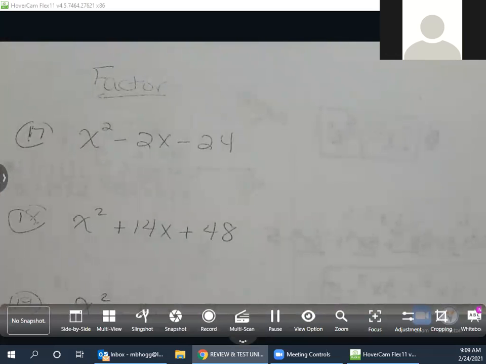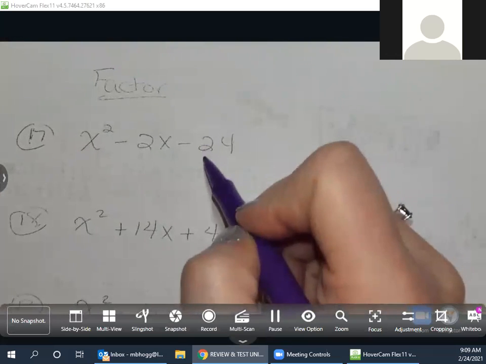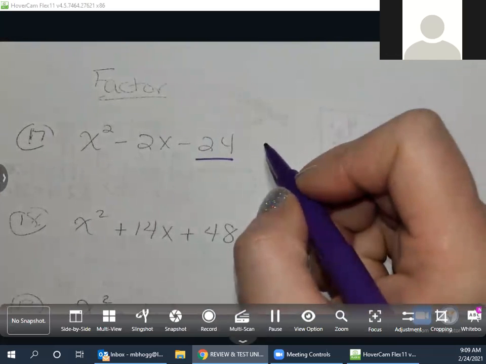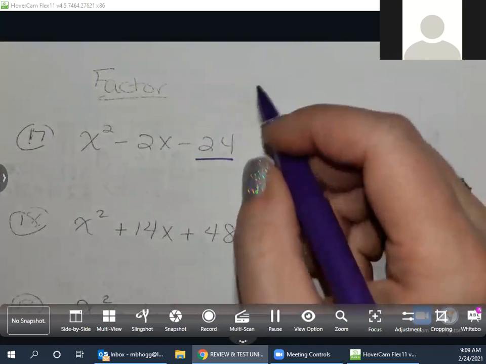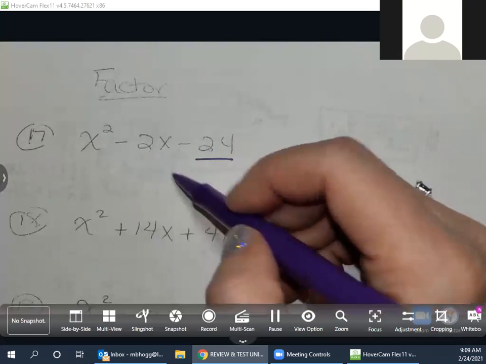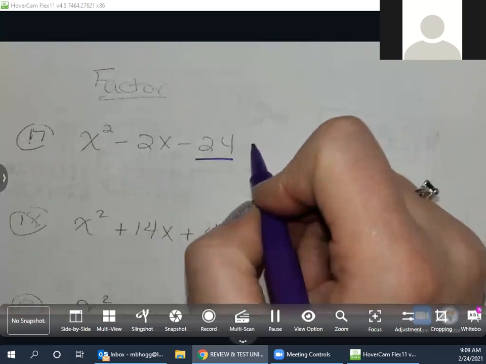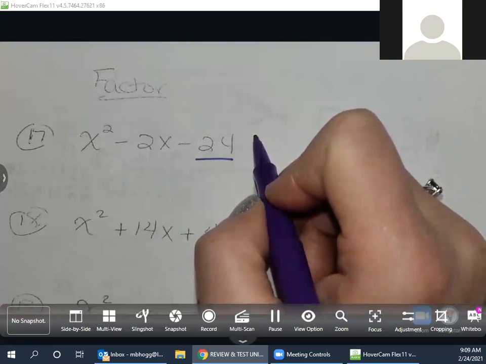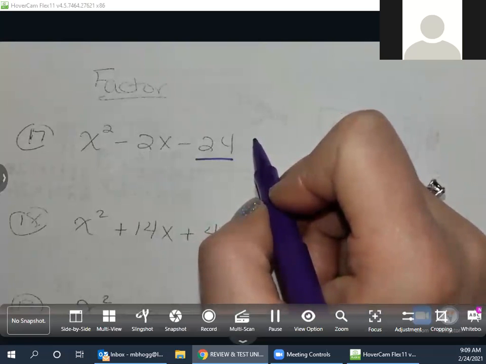Yay. So again, you look at this last digit, 24, and you figure out what is a factor pair of 24, or negative 24 actually, that when added together would equal a -2. So you have to think in your head, what are the factors of 24? 1 and 24, 2 and 12, 3 and 8, 4 and 6.